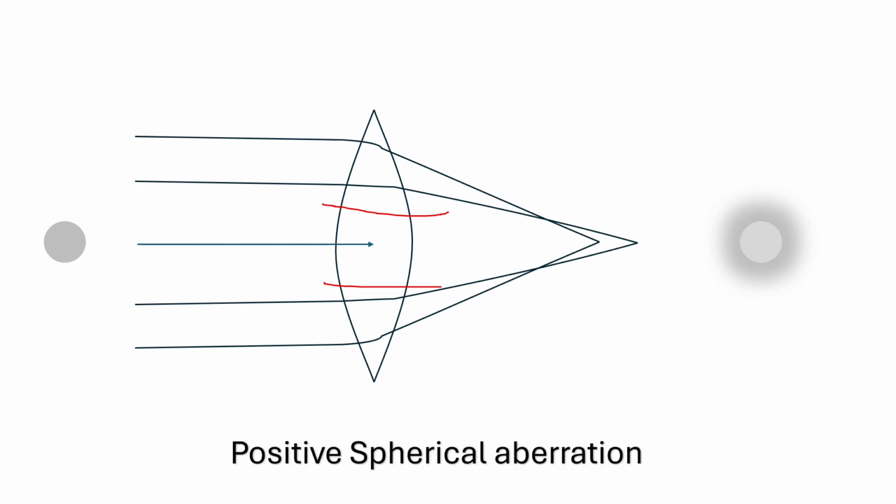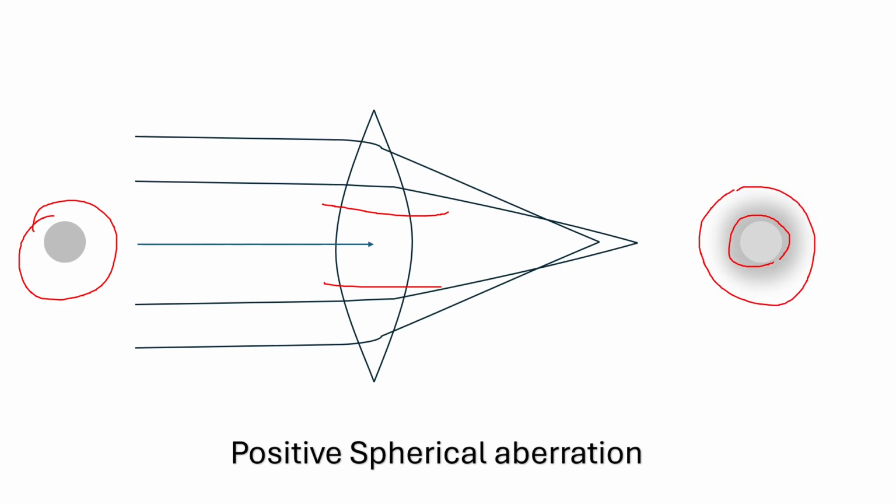And as you can see, these rays which are passing through the periphery of the spherical lens are focused earlier than the rays which are passing through the central part, so that a point source of light is actually forming an image which has the point source in the center, but also a halo around it.